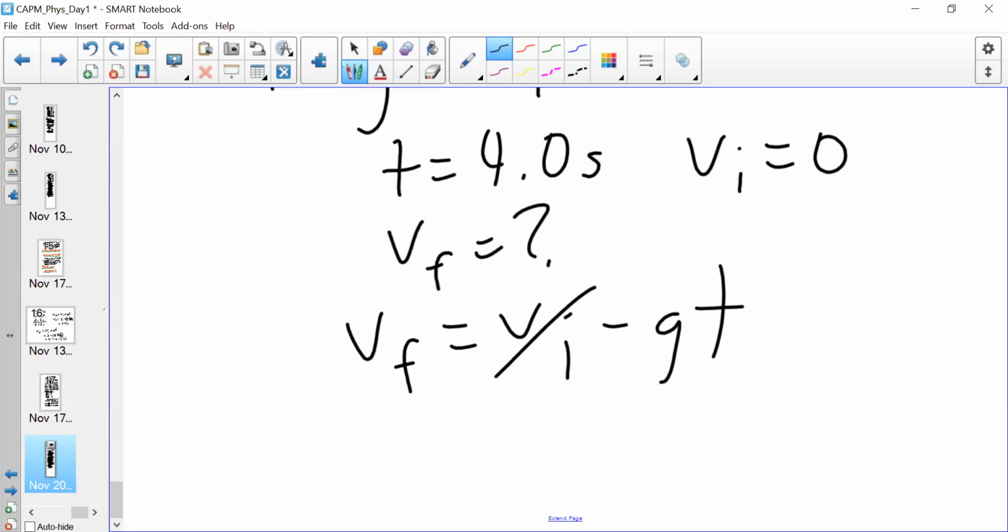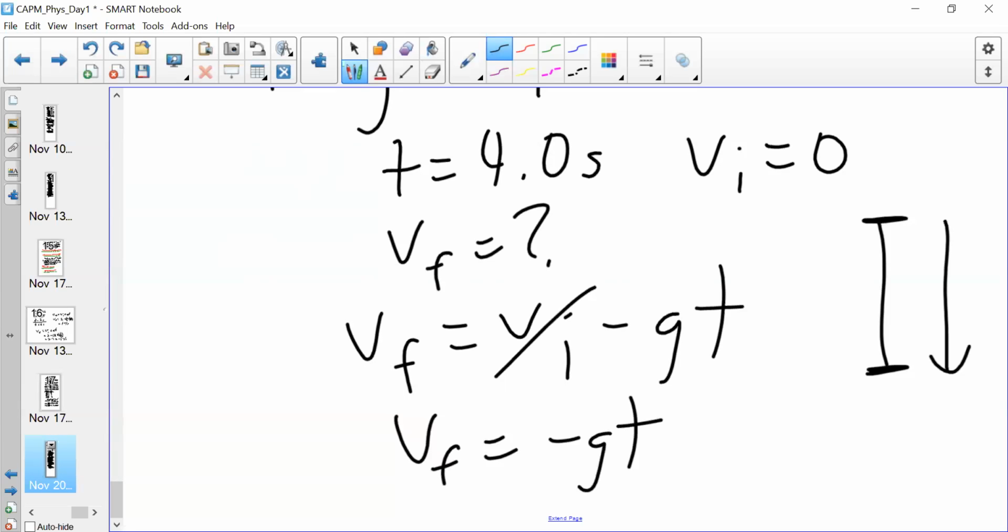He's standing up here, and this distance is whatever it is. We can figure that out later. So it's dropping from a certain distance. Let's say it hits the ground. vi minus gt, because the vi goes away. And now we just put in negative 9.8 times 4.